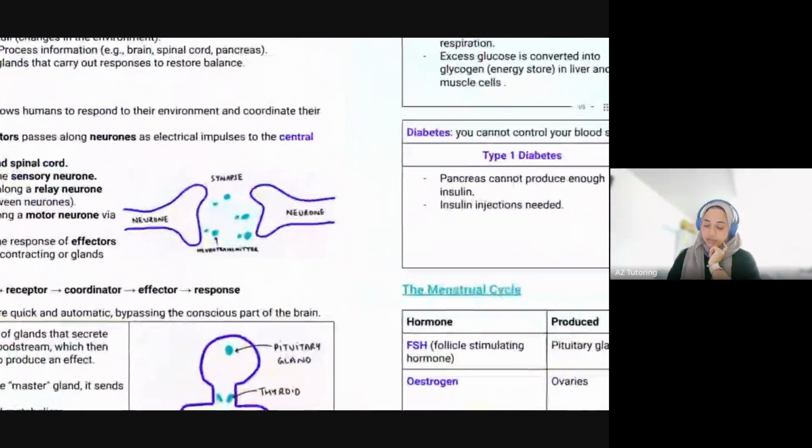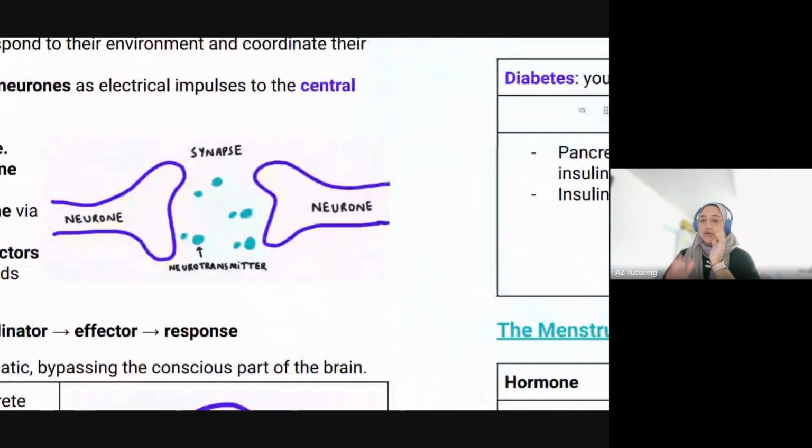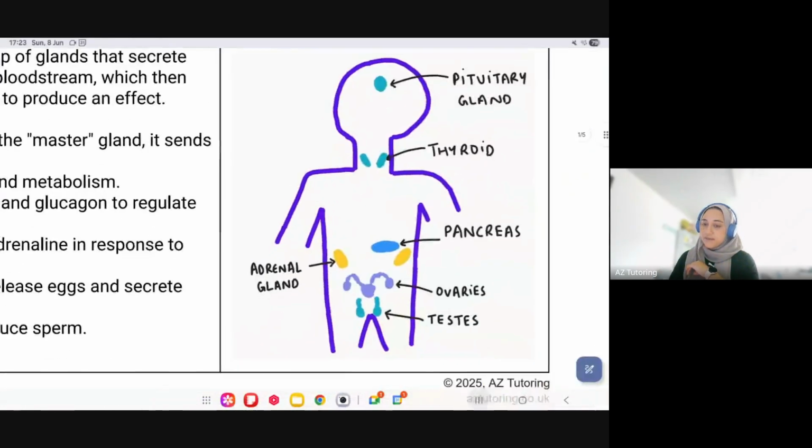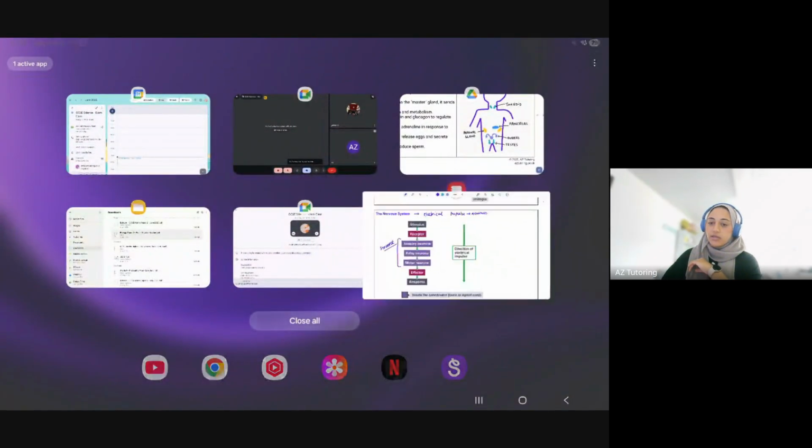Okay, so this is the gap here. Each neuron, they're not necessarily touching each other. There's a gap in between both of them, and that gap's known as the synapse. And between that synapse, there's chemicals, which are called neurotransmitters, which pass through each of them neurons to be able to pass through that electrical. So that's how they're connected.